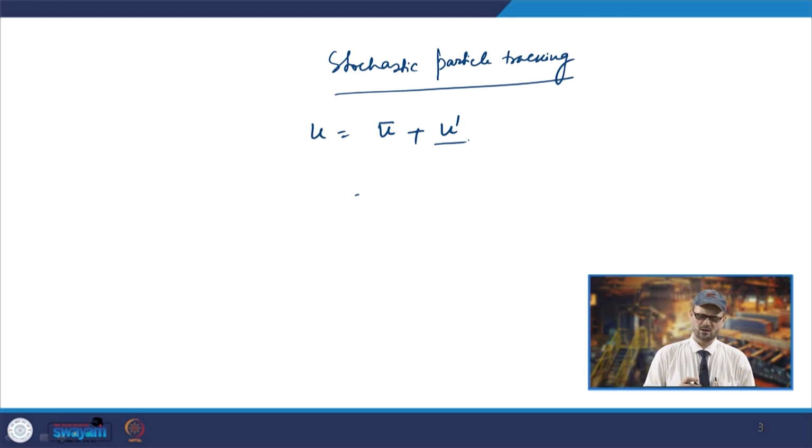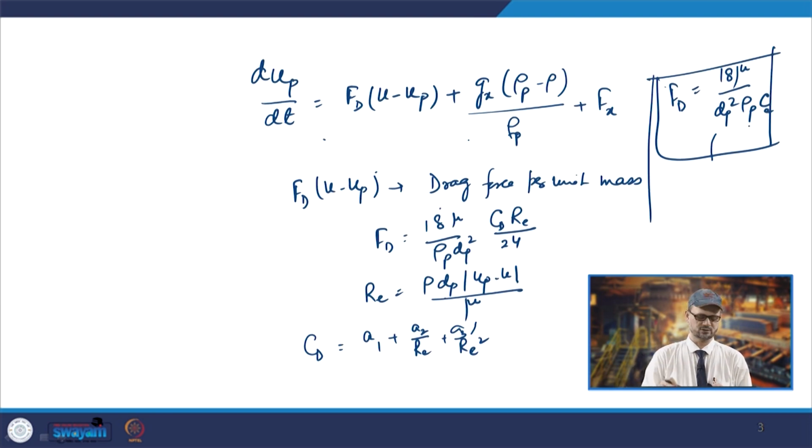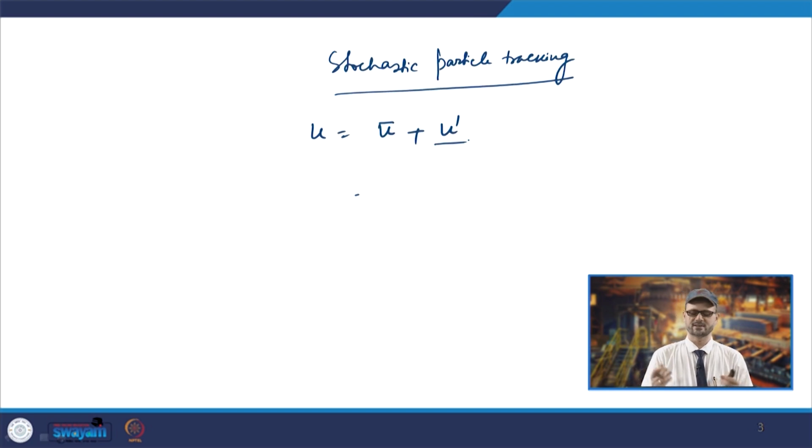So, what we do is, normally when we get the value of up, when we have seen the first equation, that is integrated, and we find the value of the velocity of the particle. With the help of that we can have the trajectory estimation.